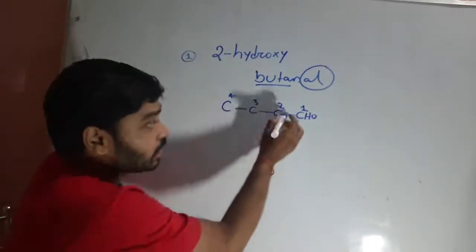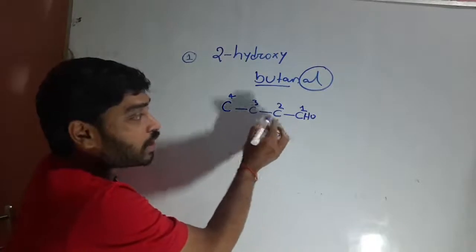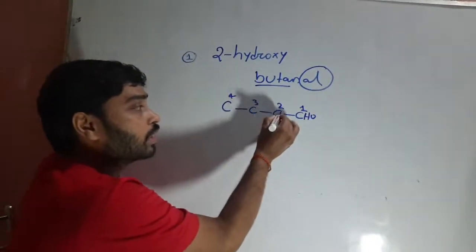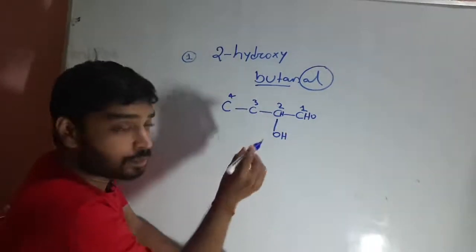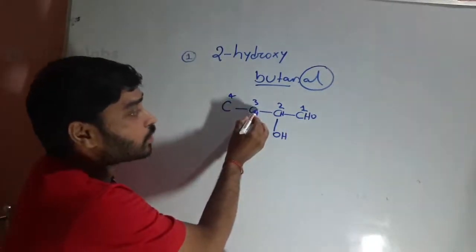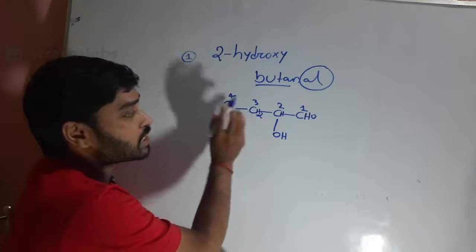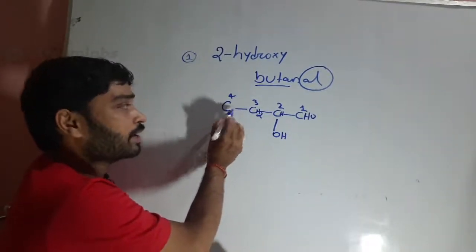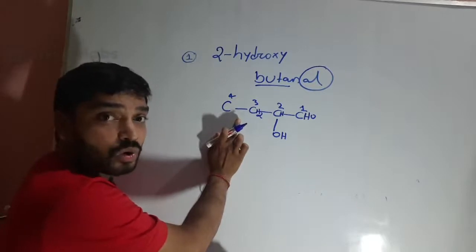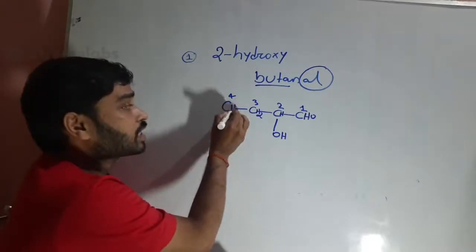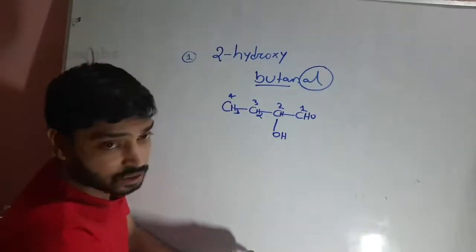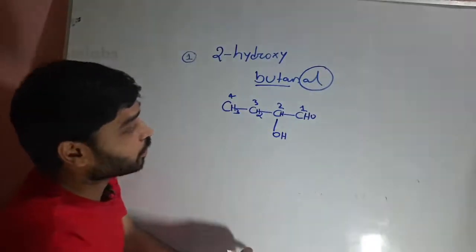Now I need to satisfy the valency of all carbons by placing hydrogen. This carbon is bonded with 3 single covalent bonds, so it will occupy a single hydrogen atom. In this case 2 bonds are present, so it will possess 2 hydrogens. This is a terminal carbon and it contains only a single bond, so it will have 3 hydrogens to satisfy the valency of carbon.